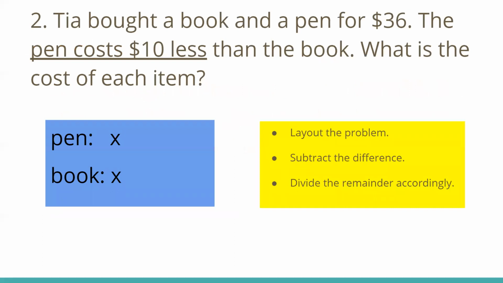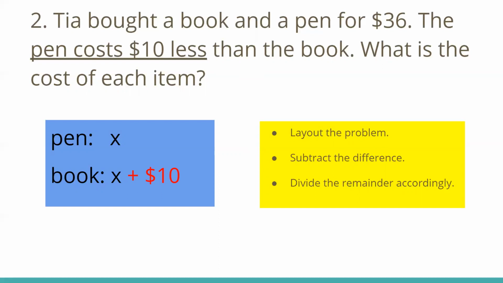Let's use an X to represent the amount each item costs. But we also see that the problem stated that the pen costs $10 less than the book. If the pen costs $10 less, then the book is $10 more.